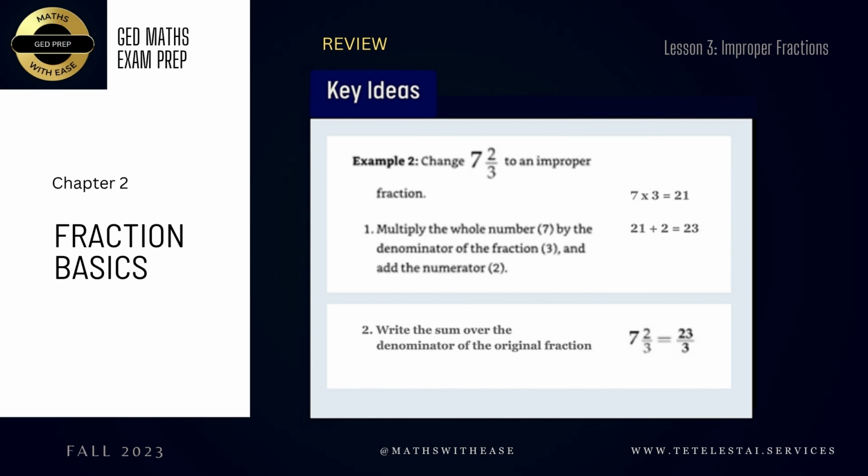You now have your top heavy, or your improper fraction, 23/3. So again, you want to start by multiplying 3 by 7, which gives you 21. Then you're going to add 21 to 2, your numerator, and that's going to give you 23. And you're just going to write 23 over your denominator, which in this case is 3.